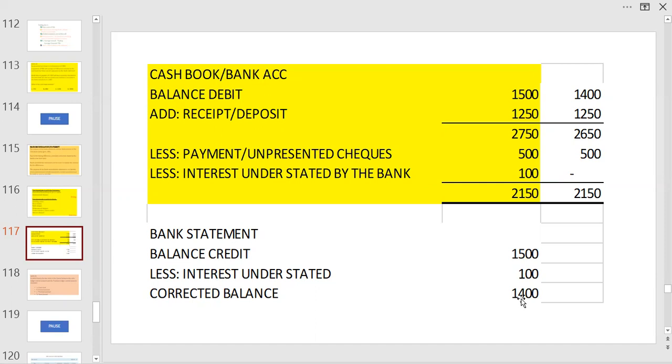Then their balance will be 1,400. So with that only you will have to make your reconciliation. This is a reconciliation, even though this is not the answer expected out of that question. For learning purposes, this part which is shown here is the correct reconciliation part. Okay, having said that, we'll move on to the next question.